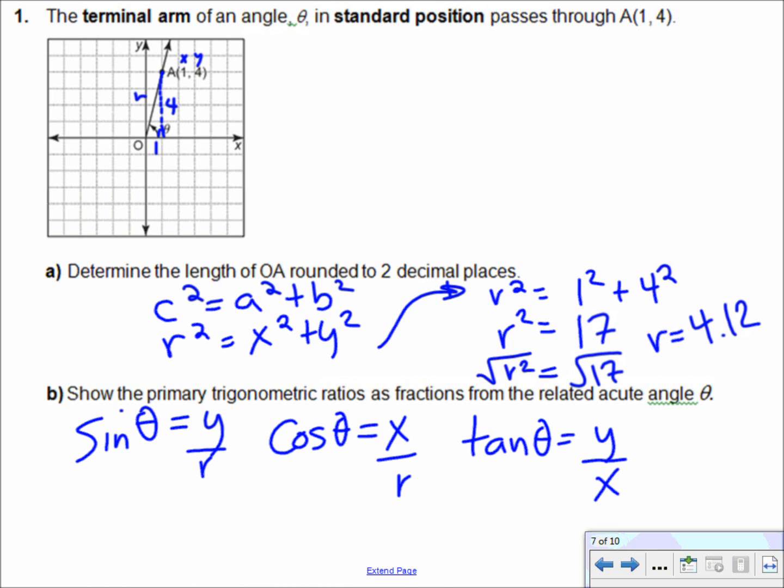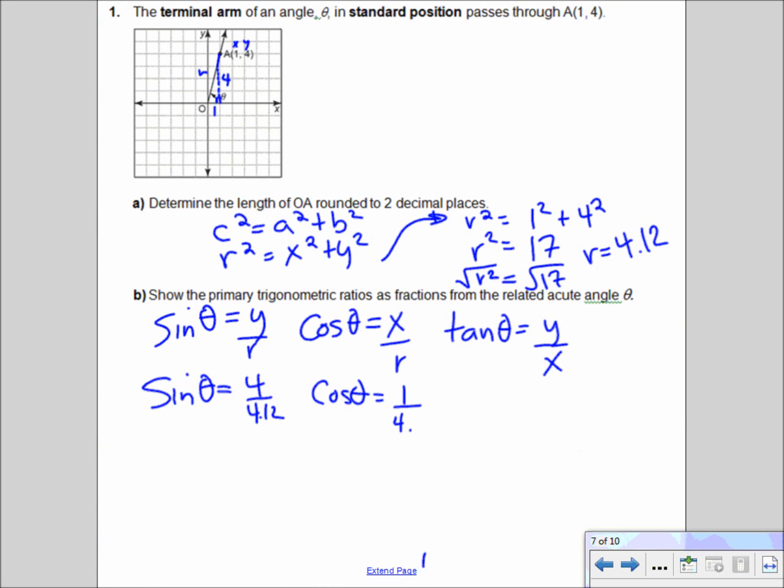Everyone agree? Yeah. So now we just plug in our values. Sine of theta is equal to 4 over 4.12. Cos of theta is equal to 1 over 4.12. And tan of theta is equal to 4 over 1, which equals 4.